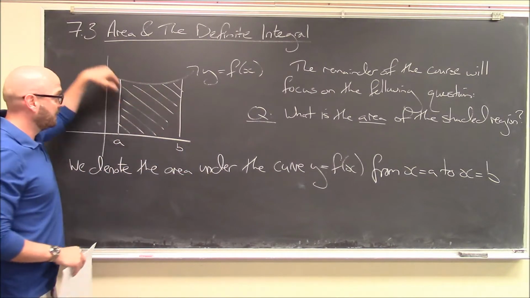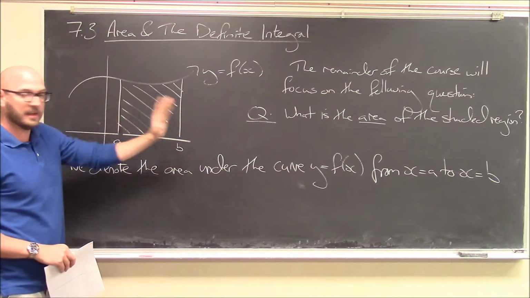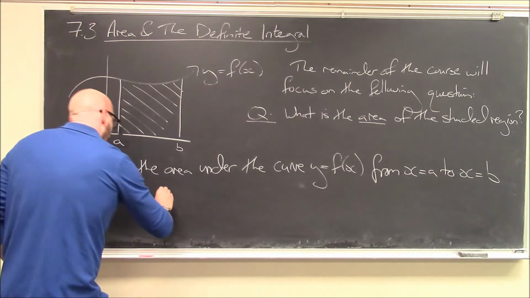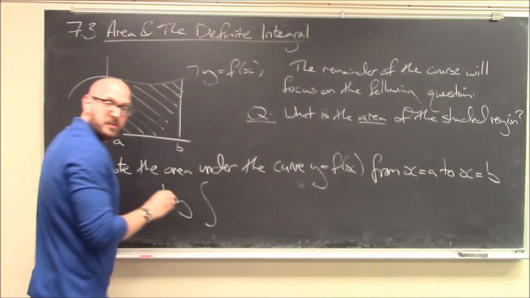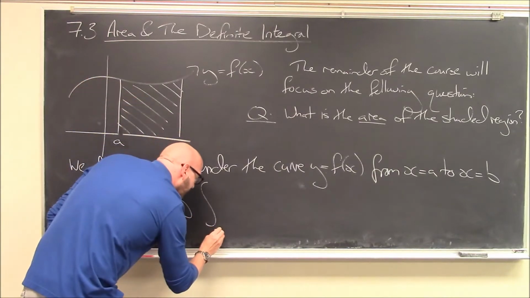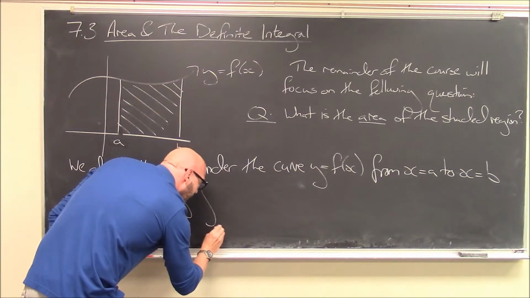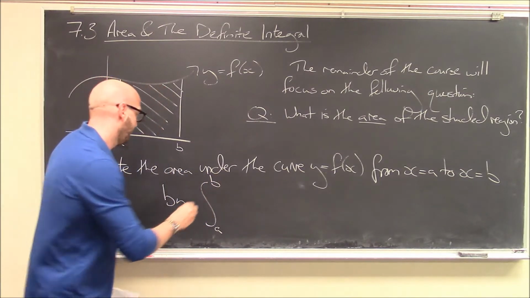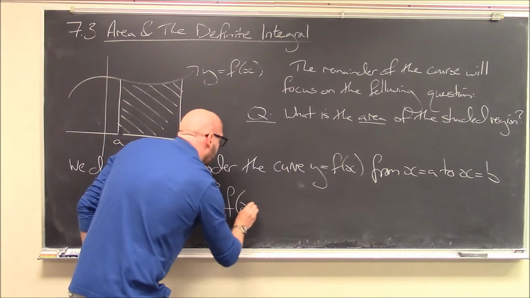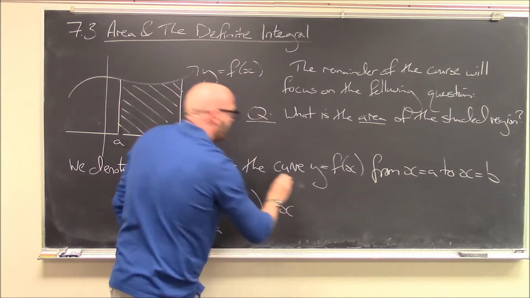So this area right here, under the curve y equals f of x from x equals a to x equals b, we denote this area by the following symbol. Integral sign, except the difference here is I'm going to put a on the bottom and b on the top of f of x dx.